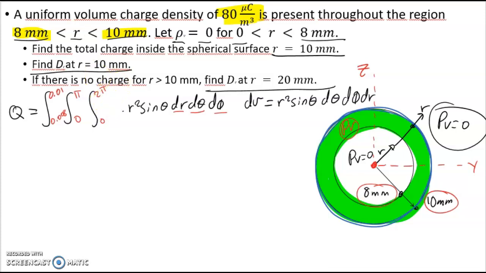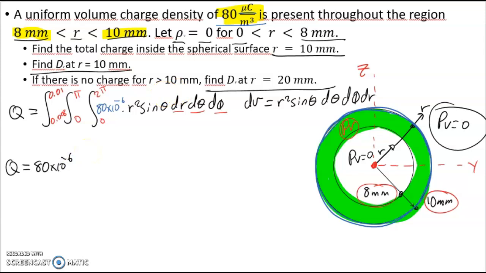Finally, we replace the value of rho v for that region, which is 80 times 10 to the minus 6 because we're working with microcoulombs. That is a fixed value, so it can go out of the integral. Q equals 80 times 10 to the minus 6.